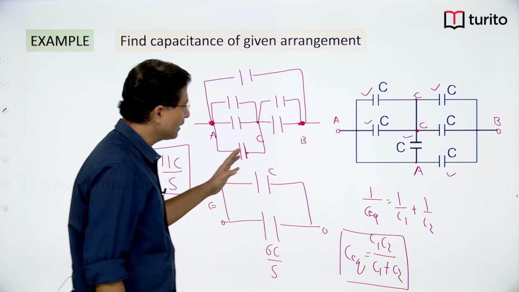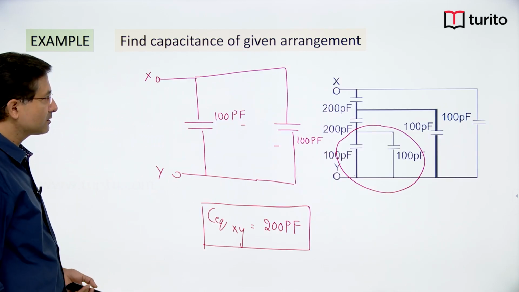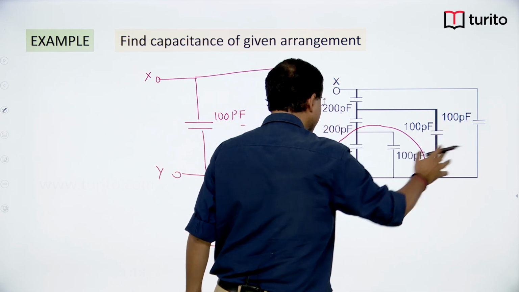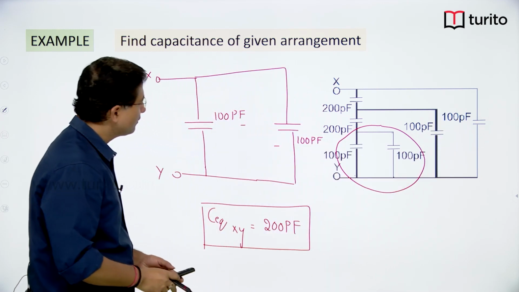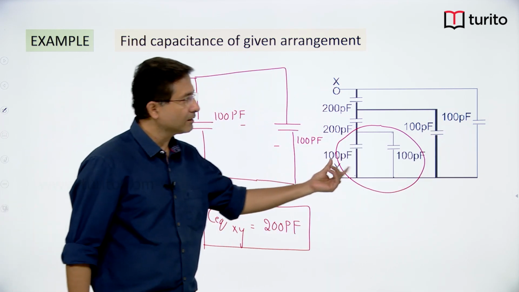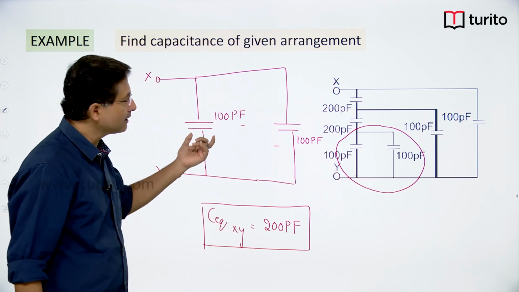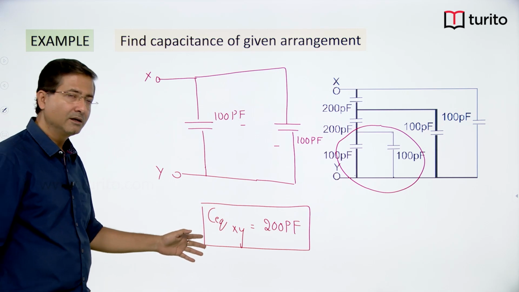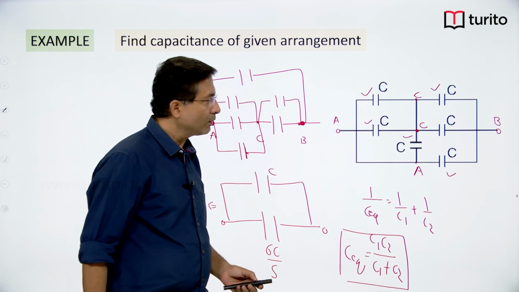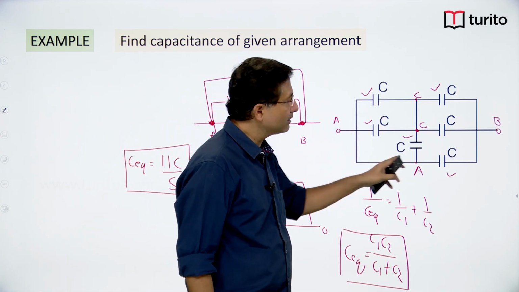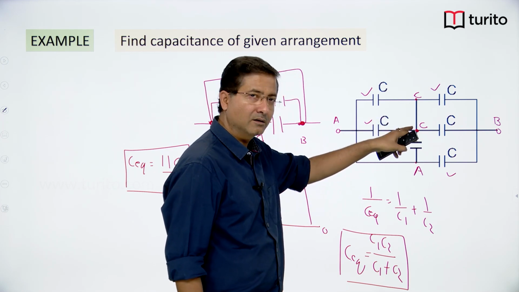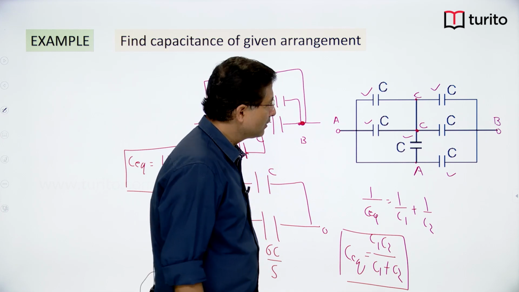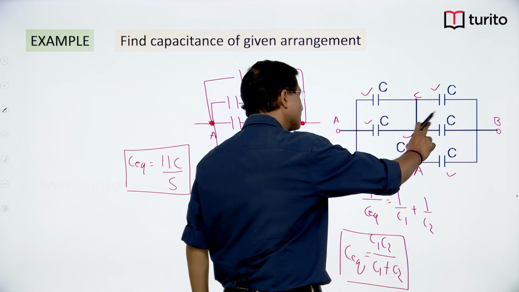As compared to the previous case, you can see here there was no conducting wire, and every branch has a capacitor. I start simplifying it and I start getting series and parallel combinations. That way I reduced the whole circuit and finally got the equivalent capacitance. While in the previous problem you had 2 conducting wires, so directly we were unable to see what combination this was with this one.